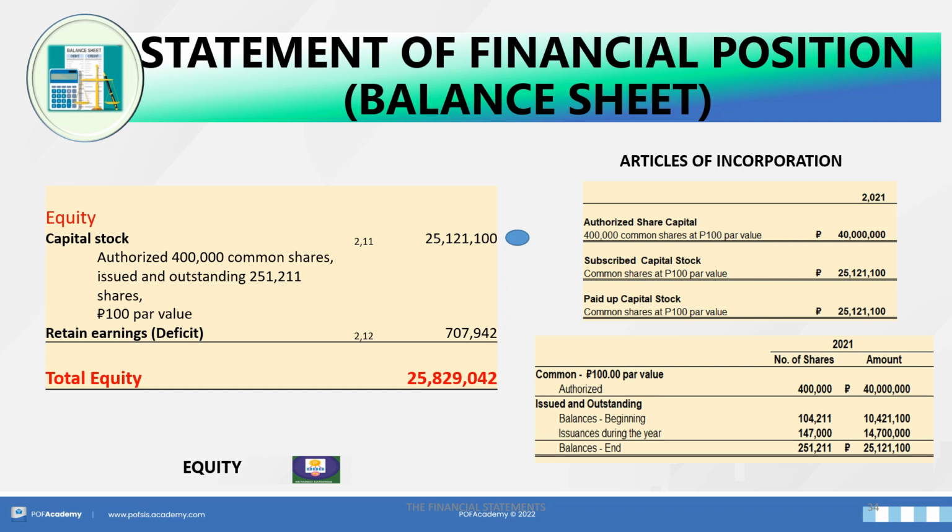So, that was the statement of financial position. If we go back to our equation, the total asset is equal to total liabilities and equity.